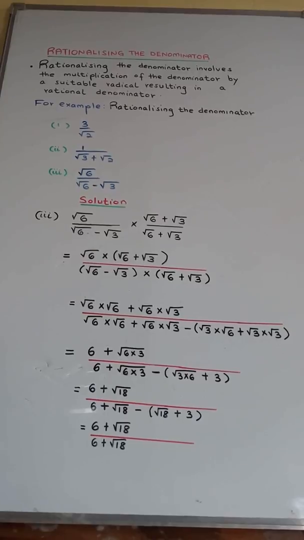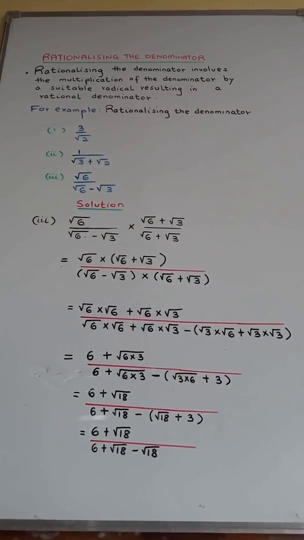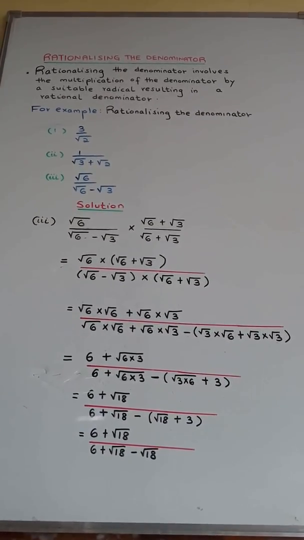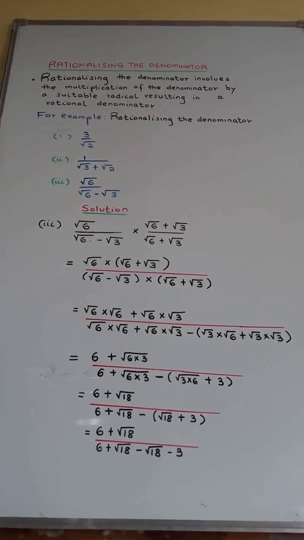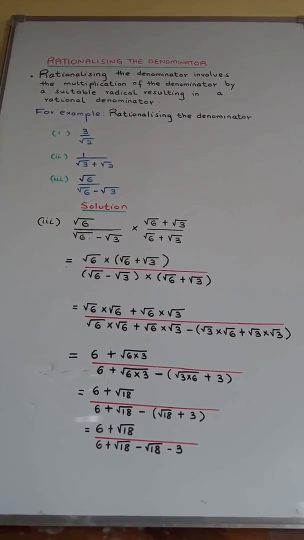6 plus radical 18 minus radical 18 plus 3.